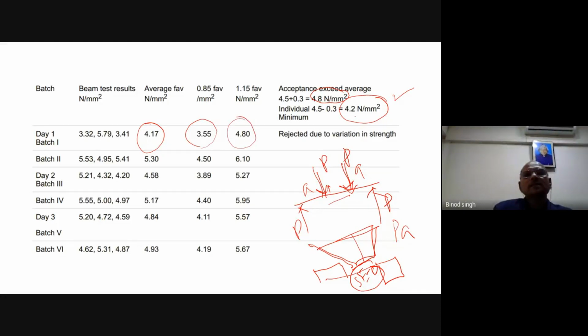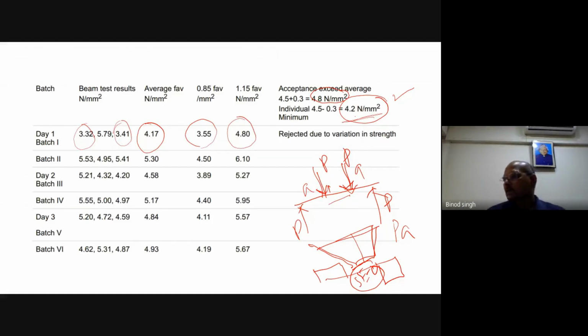So this is complying, it is between 3.55 and 4.88, but it will be rejected because the individual test result is less than 4.2. So this is not complying with the bending moment flexural strength requirement. So like this, you can check this.